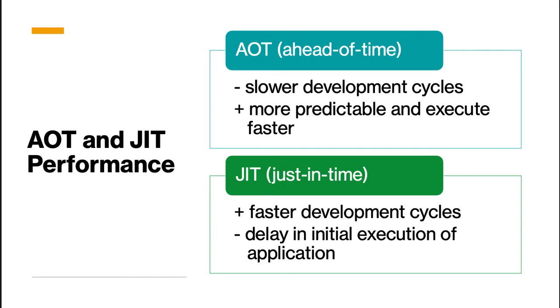On the contrary, JIT has a faster development cycle. It can run immediately. But the drawback is that it has a delay in initial execution of the application because the compiler has to do analysis and compile it to bytecode before the code can be executed.